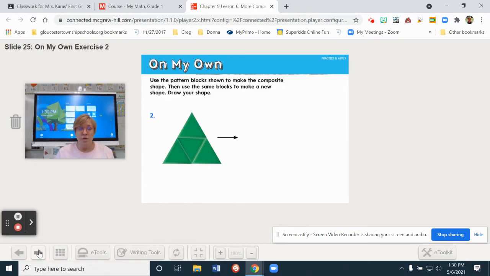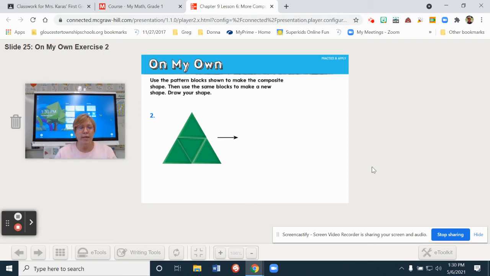Okay, let's look now. All right, now this is where it gets really fun and interesting. You're going to use the pattern blocks. Yes, I know you only have two triangles, but you can. Remember what we did last week? We copied, we traced, and then would move our shape.